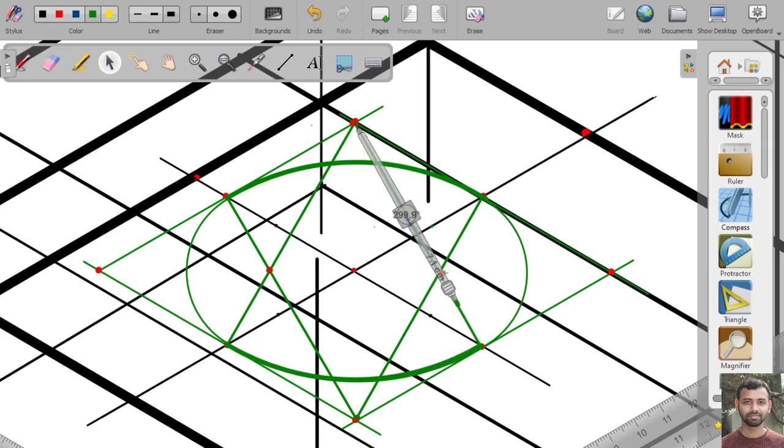Then the smaller arcs. Now we will draw the smaller arcs. Okay, so the smaller arcs, this portion to this part, and here also.